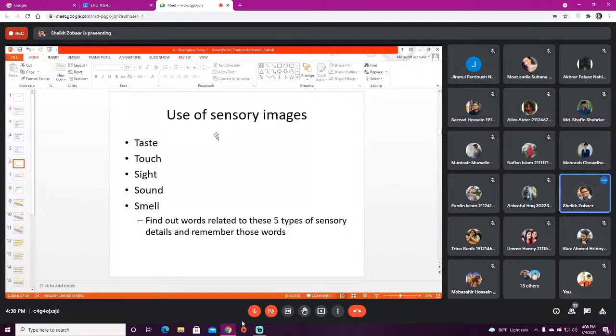We human beings experience the world around us using five senses, all right? And these are the five senses. We can taste, we can touch, we can see, we can hear, and we can smell. These are the sensory images.